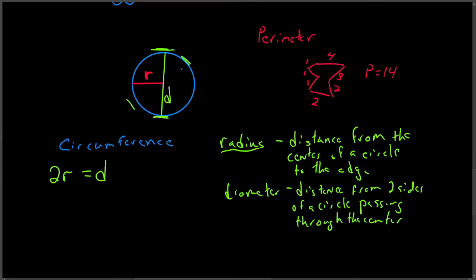Now, the Greeks studied this a lot, and what they ended up doing is they said that the circumference, which I'll use the letter C for, is equal to 2 times a special number called pi times the radius. Or it's pi times the diameter.